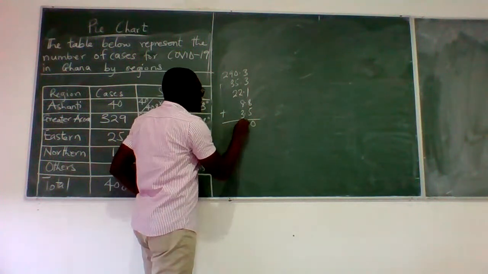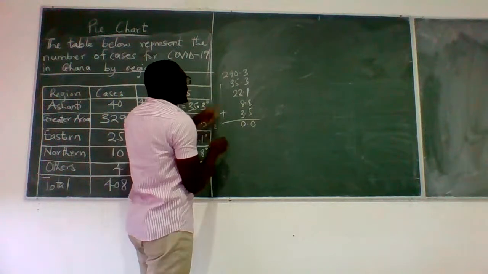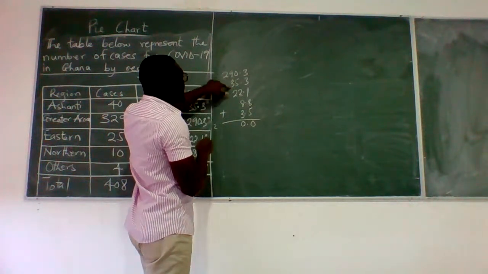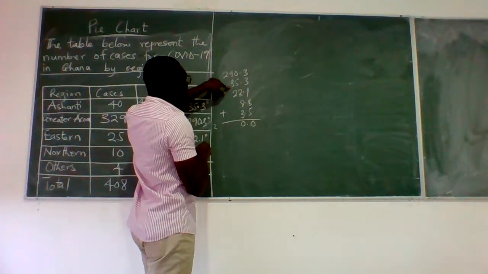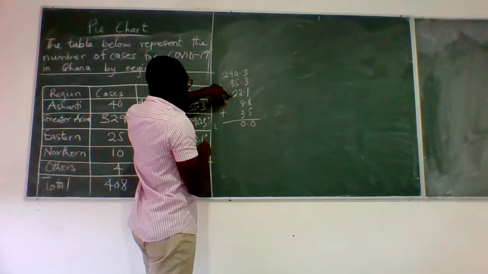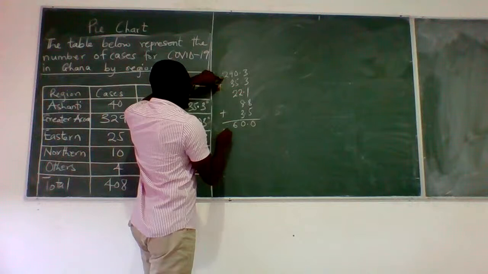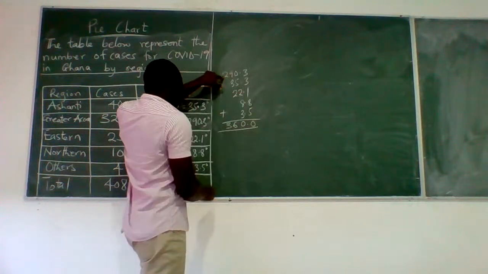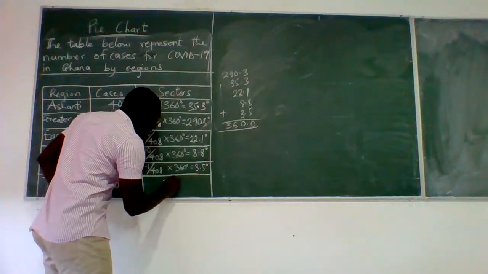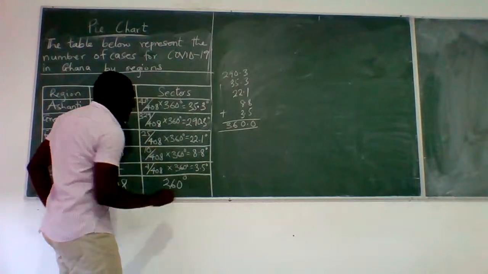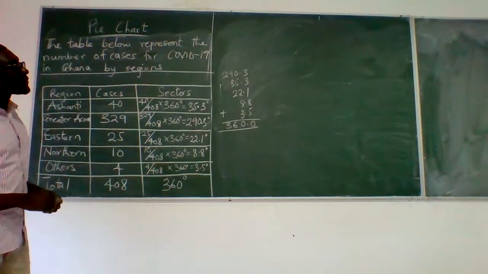So that should give us 0, remainder 2. This will give us 11. 11 plus this should give us 14. 14 plus 2 should give us 16. So that's a 6 here, remainder 1. And then 1 plus 2 gives us 3. Okay, so we are on track. So we have 360 degrees as our total.